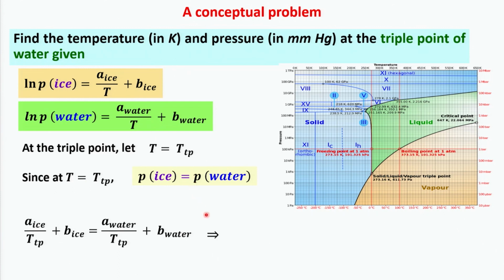With a little bit of algebra, not much, I can find the triple point temperature of water in terms of these constants A ice, A water, B ice and B water, which would be determined from the experiment.